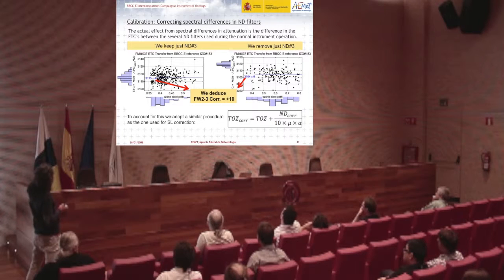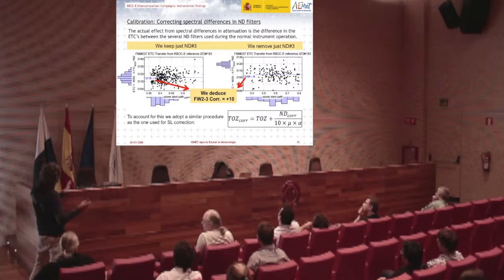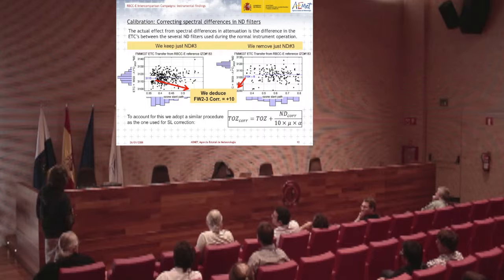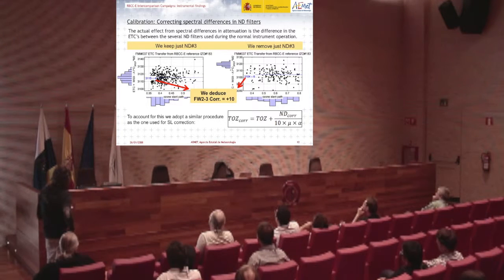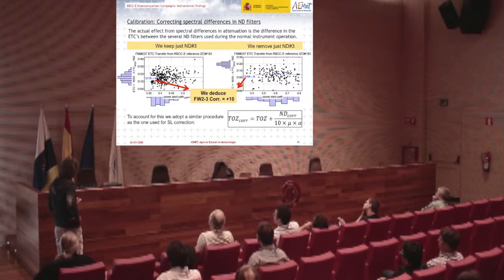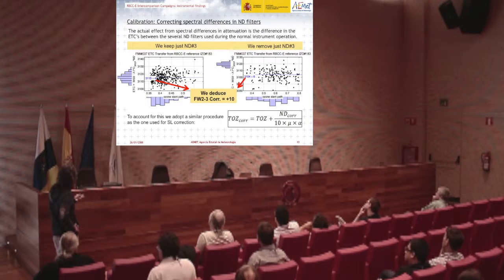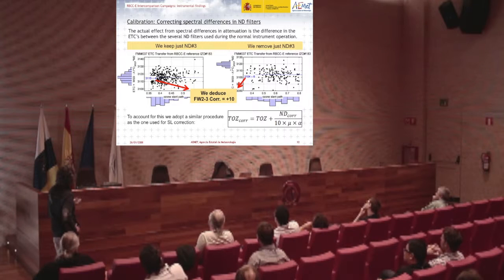So what we do is to calibrate first the instrument just with filter 3, and we obtain an ETC of 3115, and then we remove filter 3 and we use the rest of the filters, and we obtain 3104. So from this we deduce a filter correction of about 10.